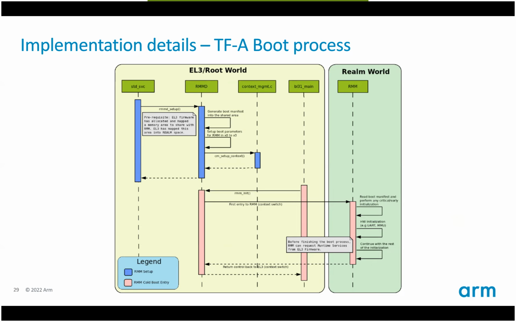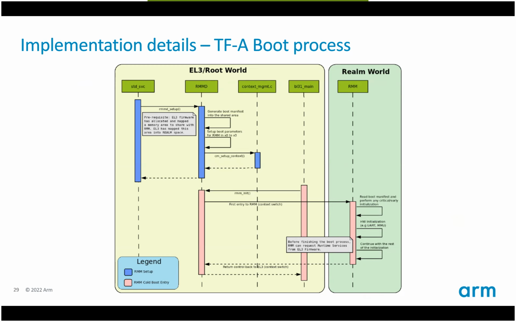Then RMM-D, which is the module on TFA that takes care of bringing up RMM, will just generate a boot manifest. This is similarly done as how it is on SPM. And then we'll set up the boot parameters on the registers X0 to X3, and then it will just perform a setup context.